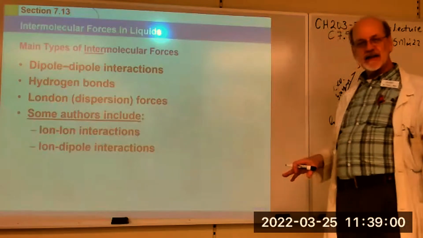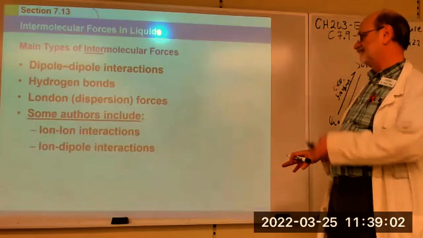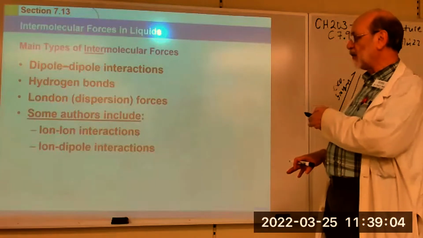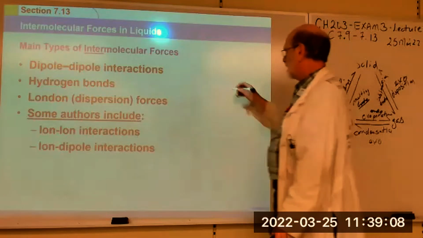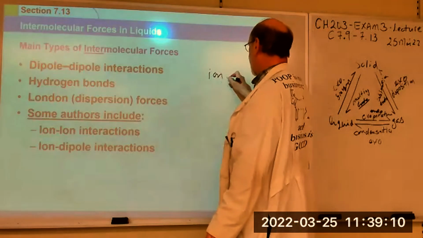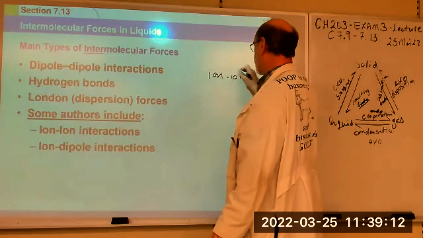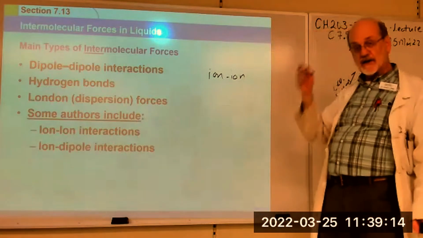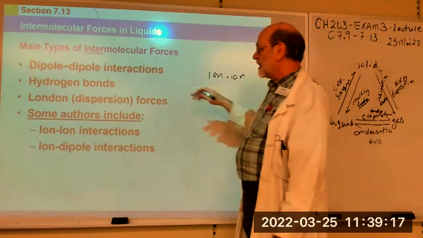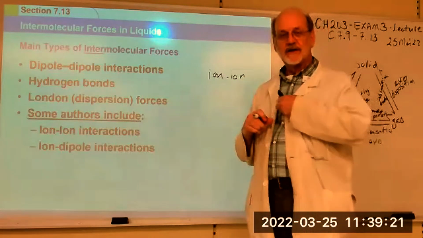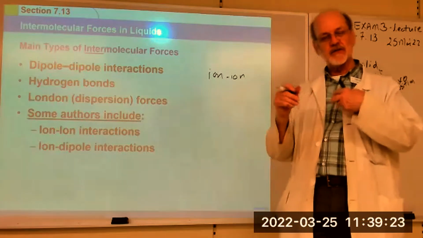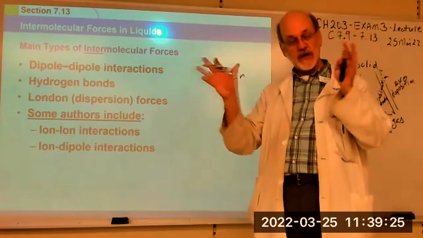They can be subdivided into dipole-dipole interactions. Actually, we left out one. They can be ion-ion interactions, positive, negative ions. They can be, remember, molecules can have a pole, that is, they can be slightly positive or slightly negative on one end or the other.